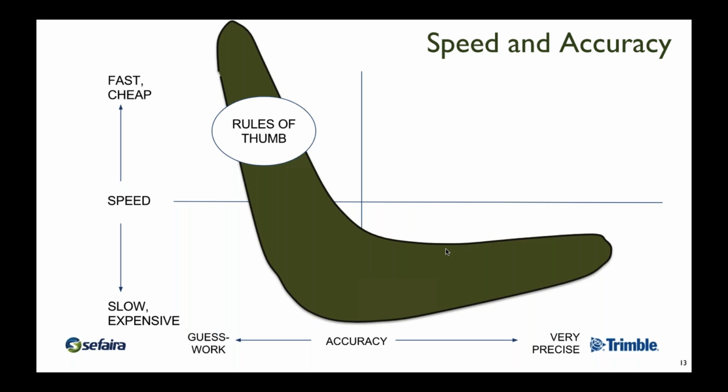But if I'm talking about adding shading onto a building, how can I use rules of thumb to communicate how effective that's going to be at improving the design? It's fast, but it's pretty much guesswork. A lot of rules of thumb are really just making stuff up anyway. But people are using their intuition and their experience. So I guess the more experience and intuition that's been built up over time, the less likely it is to be made up.